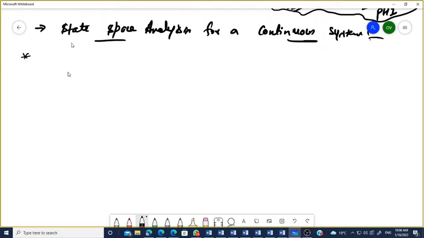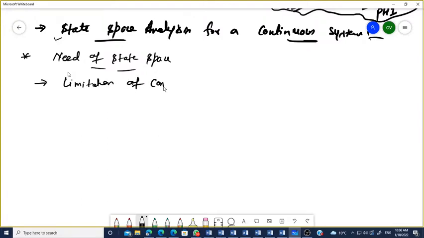Before going into the detail of the state space and the need of the state space, you have to understand first what is the problem with the basic control system, or the limitation of the conventional or classical control approach.